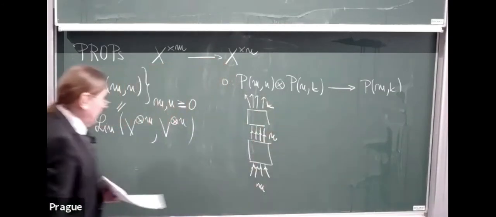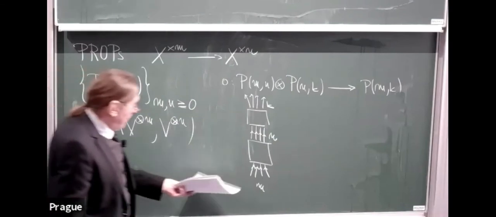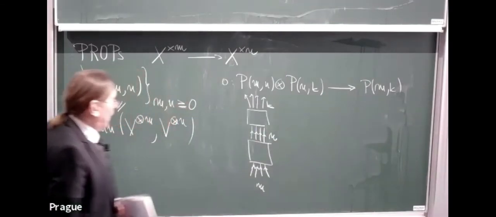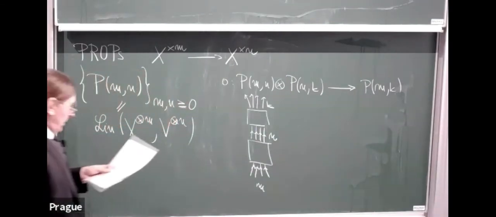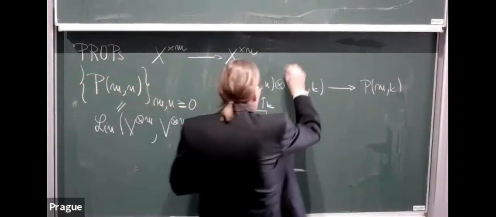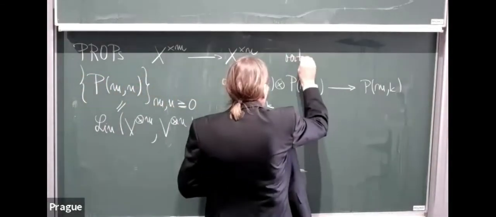So what I get if I compose is a map with m inputs and k outputs. So this is vertical composition.